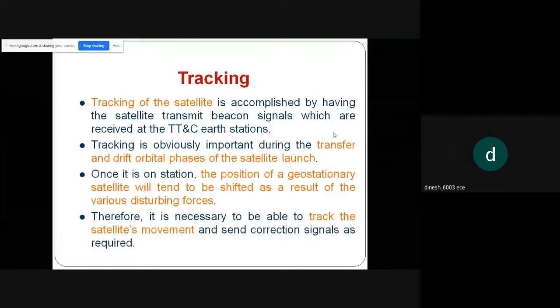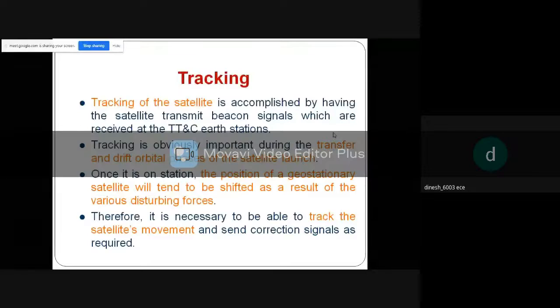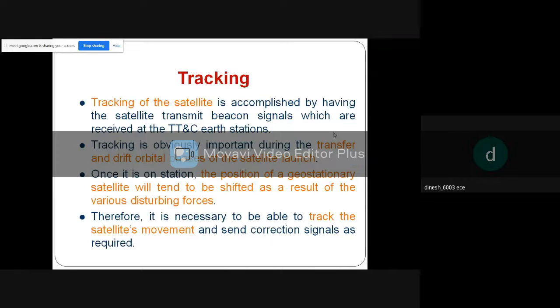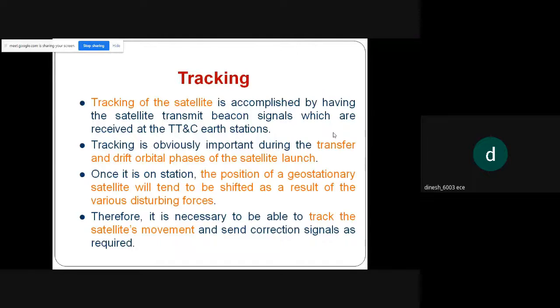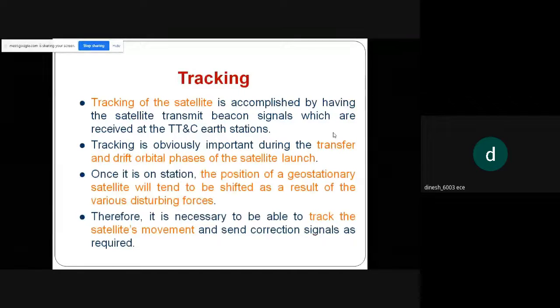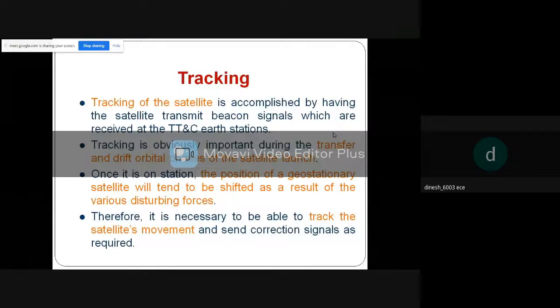Therefore, it is necessary to be able to track the satellite's movement and send correction signals as required. So if the position of the geostationary satellite tends to move +2 degrees, there should be a shift of -2 degrees. Tracking the satellite's movement and correcting it is the major function of satellite tracking.